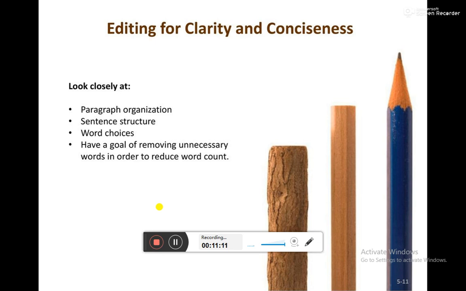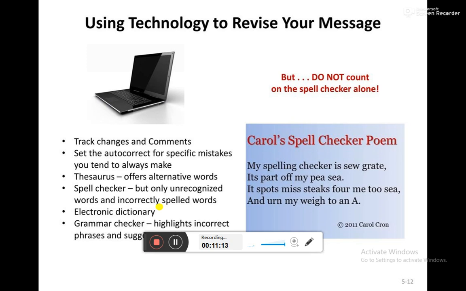In the next slide, we talk about using technology to revise your message. When it's time to revise and polish your message, be sure to use the revision features in the software to full advantage.